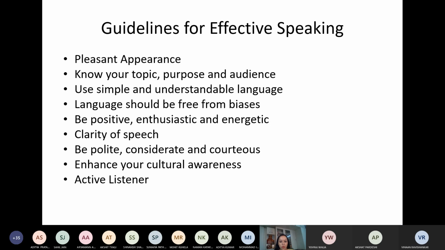What is the purpose? What is the focus? What is the pointer, why am I giving this presentation? For example, for me, taking up this topic, effective speaking, I'm aligning it with presentation skills also, because I know presentation skills is all about speaking. Right, apart from your slides, of course, all about speaking.